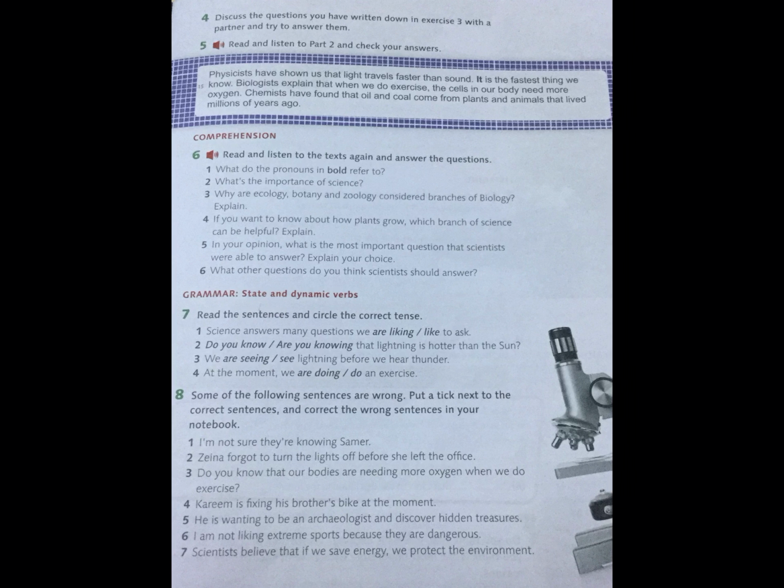Okay, so we said stative verbs are used to talk about states and situations that continue for a long time. They include abstract verbs, like to know, to want, to need. Then we also have the emotion verbs, such as to love, to hate, to prefer.